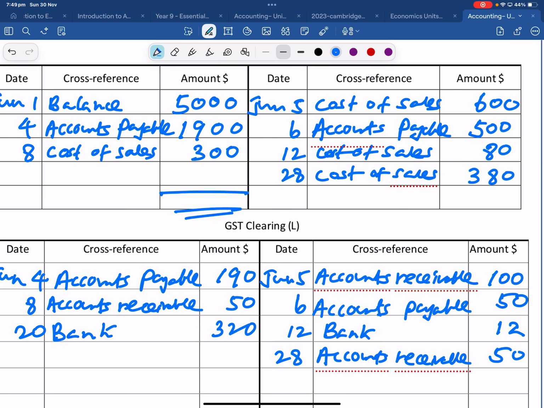I have two spaces down. Okay, we'll do it like this. 200, 7200.